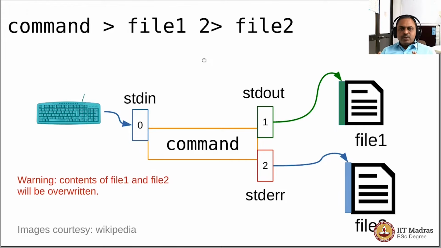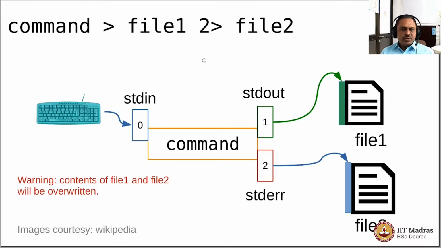You can combine both > as well as 2> symbols so that the standard output is redirected to a file and the standard error is redirected to another file. So you could try this out so that the output is in one file and the errors are all in another file.